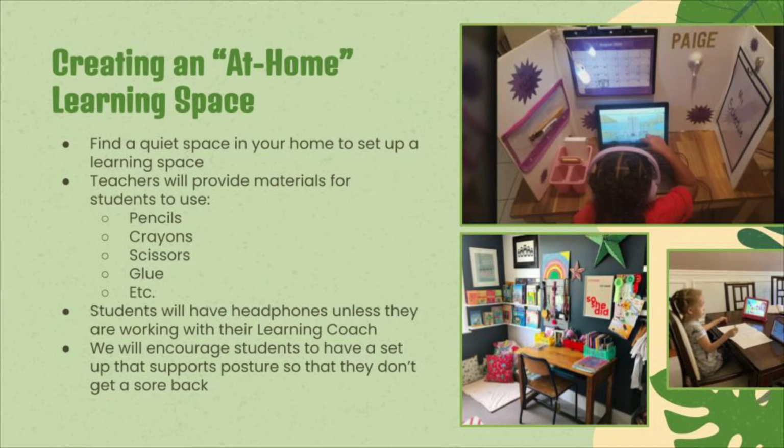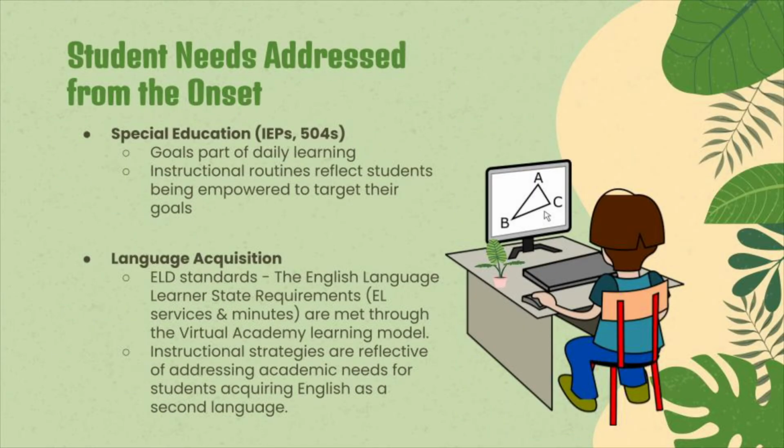From the onset, if your child has special needs of any sort, whether this be a child that has an already identified IEP, a child that has a 504, a child that is in the student study team process at their present school, these needs will be addressed from the onset while planning and engaging in the Virtual Academy learning.